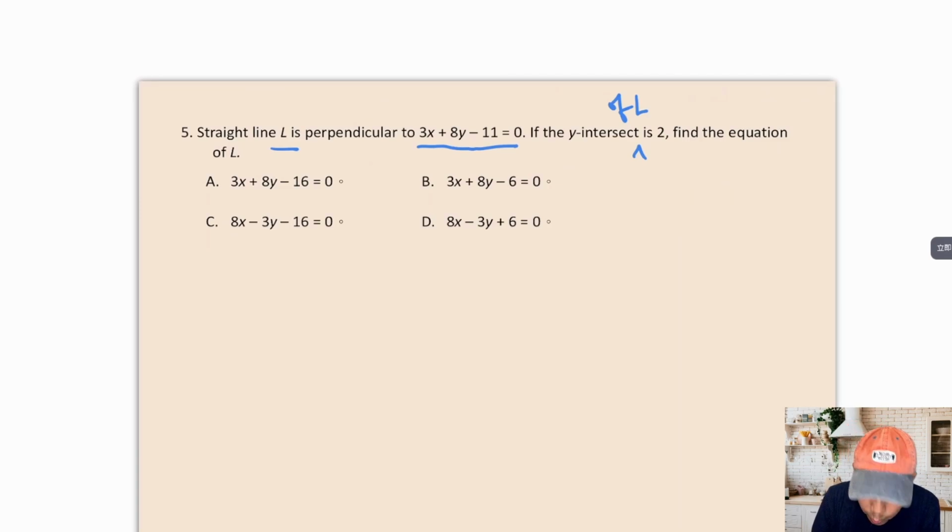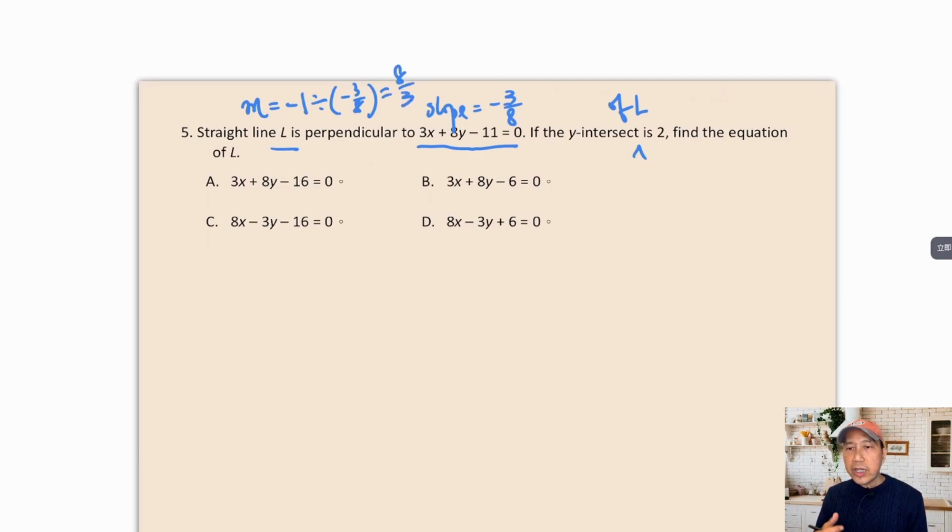We can use the formula to find the slope. The slope is equal to negative 3 over h. The slope of L is obtained because the product is negative 1, so negative 1 divided by negative 3 over h, so it becomes h over 3.